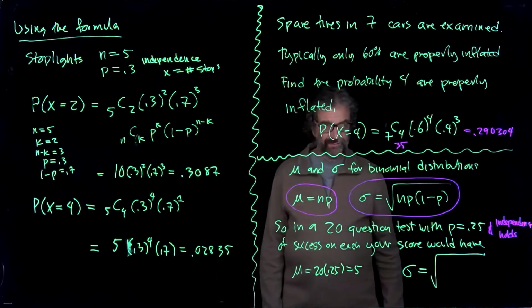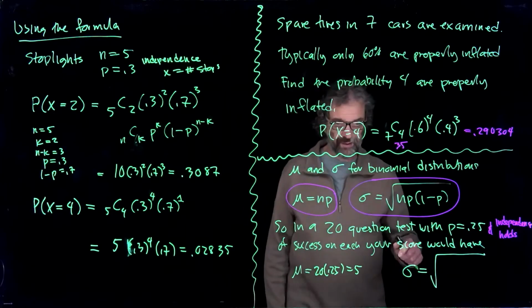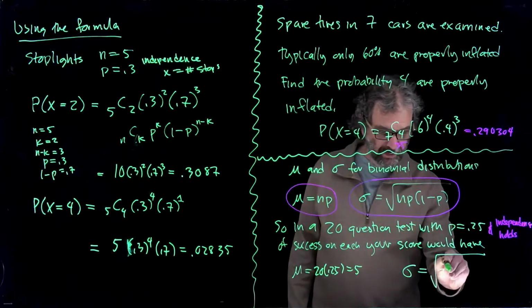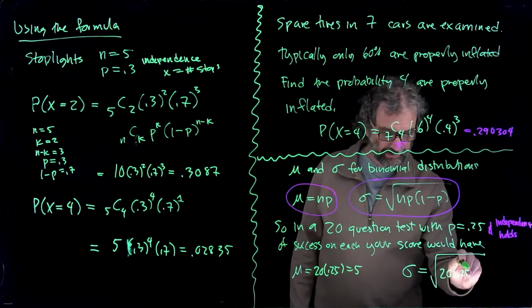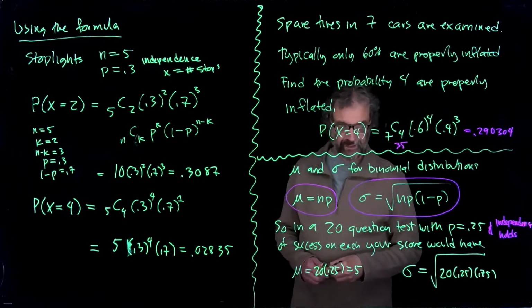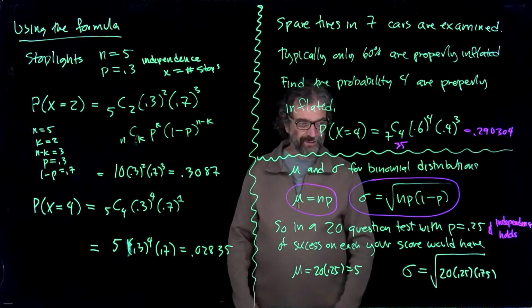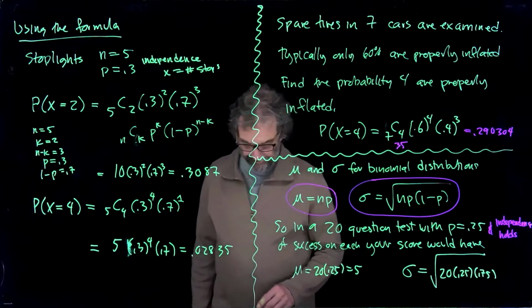So on average you get 5 out of 20, because 1/4 of 20, you get 5 correct. That makes sense. And over here we get 20 times 0.25 times 0.75, and then we take the square root. I would make a guess of about 2.2 on that, but I could be wrong.